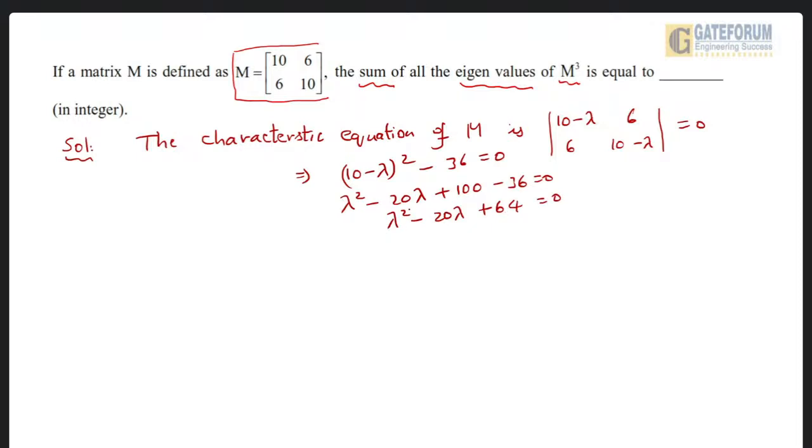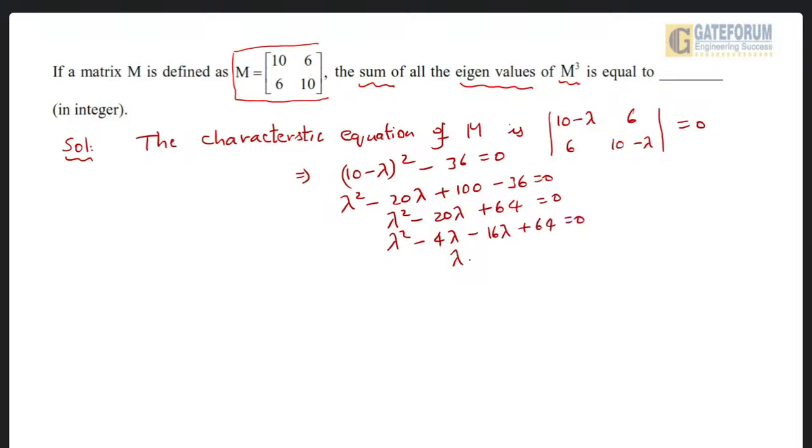Factors of 64 are 4 into 16, so lambda square minus 4 lambda minus 16 lambda plus 64 equals 0.